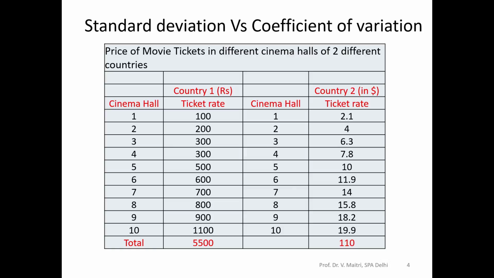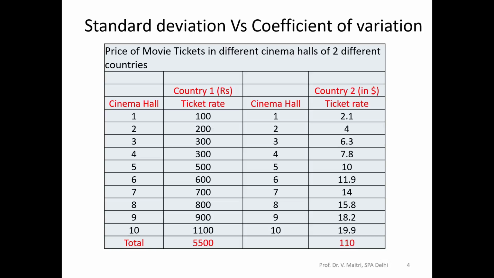For cinema halls 1 to 10, the ticket rates for India are given in rupees: 100 rupees, 200 rupees, 300 rupees, 500 and up to 1100 rupees. So those are the rates in rupees for India.